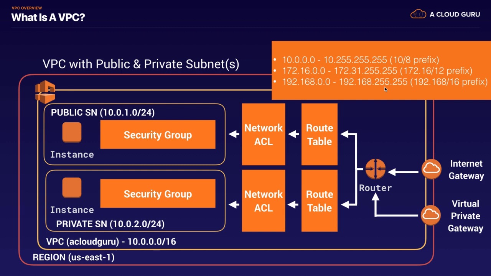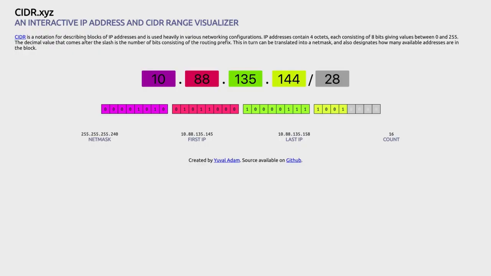Now, if you don't know what that means, I want you to go over to your browser. So this is a website I like to use. It's called cidr.xyz. So if you just type this into your browser, you'll be able to create subnets in here. So if we're going to use 10.0.0.0 and we're going to use a /16, straight away it's going to tell us what our first IP address is, what our last IP address is, how many available IP addresses it gives us, and it'll also give us the subnet mask.